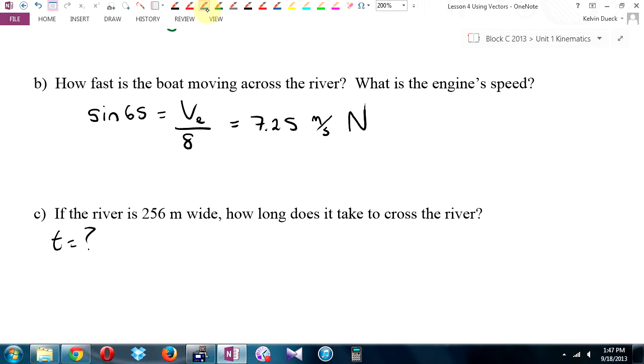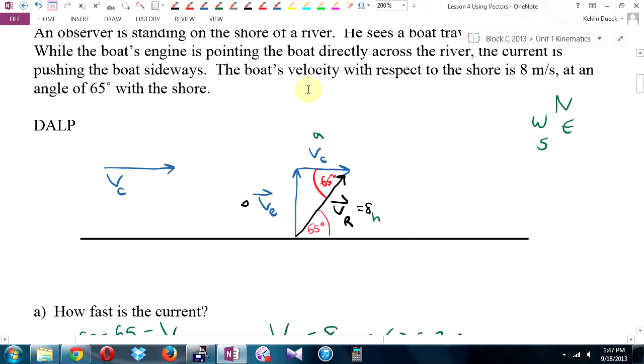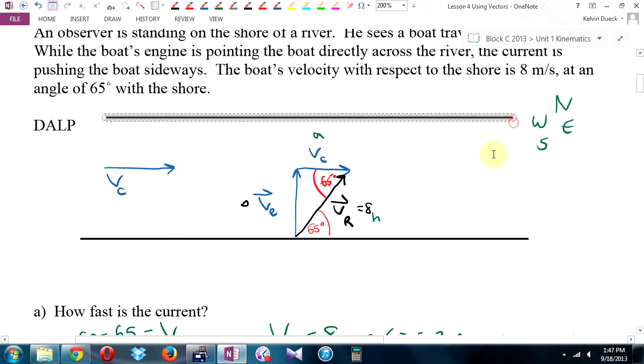Which distance? Let's go back to my diagram. Oh, did I lose my upper line somehow there too? Good gosh, Dueck. Black, draw. Sorry, I lost half my river. Don't go anywhere. Sorry, say it again, kiddo.